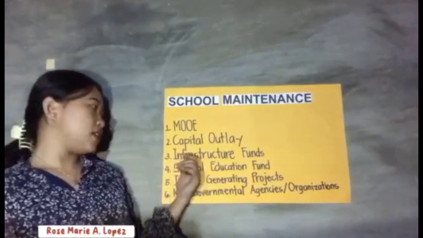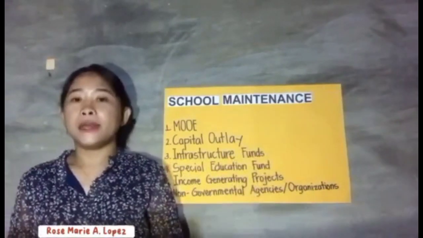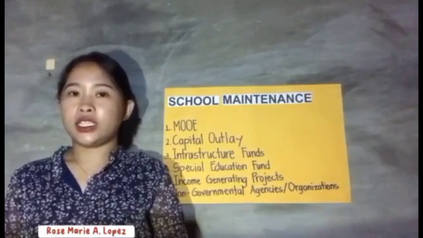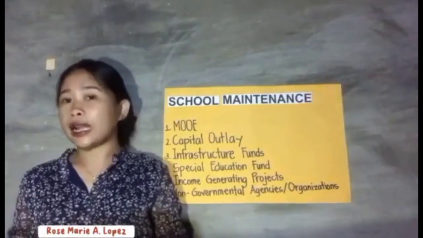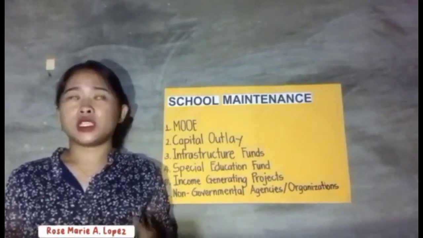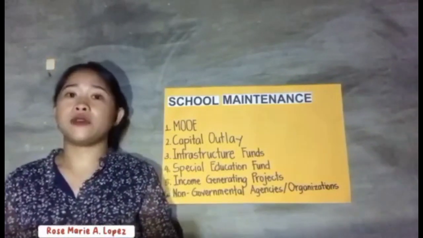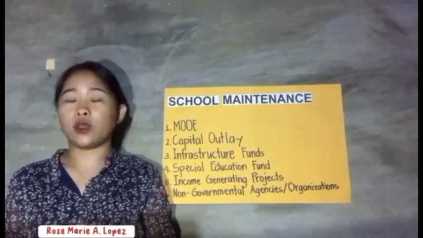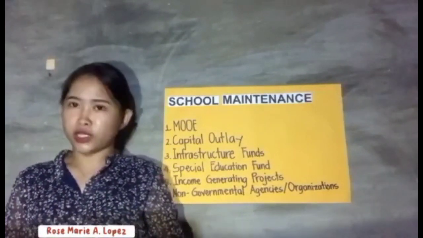So next is the infrastructure fund. Physical infrastructure in education institutions cover buildings, classroom, libraries, laboratories, furniture such as desks, chairs, and cabinets, and equipment, as well as the facilities enabling access to electricity, water, sanitation, and an internet connection.